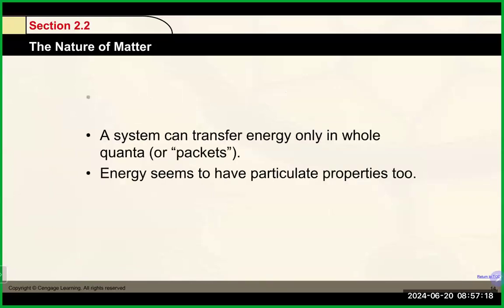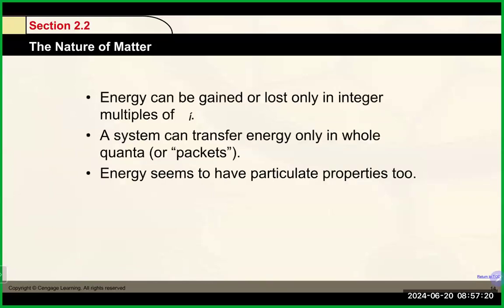So let's talk a little bit about energy in terms of how we see electrons transitioning from one energy level to the next. There's this idea of what is sometimes referred to as quantized energy.